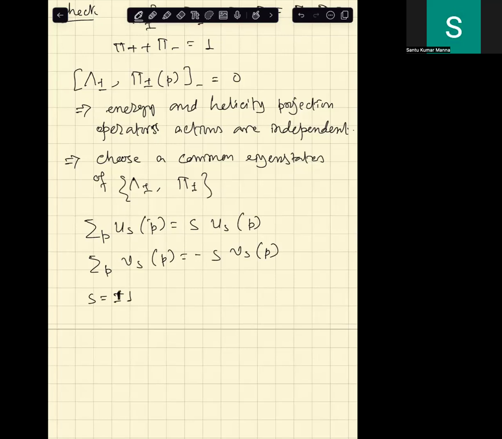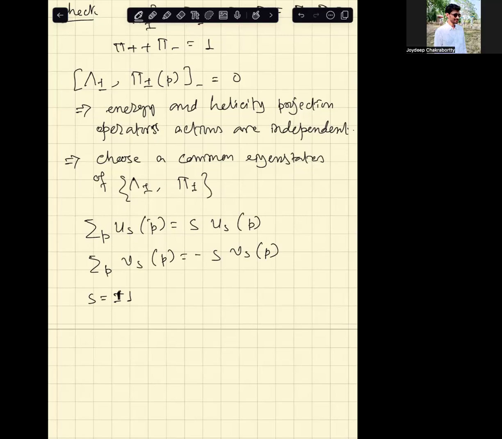Hello, sir. I have a question. Yes, please. Sir, when you define this complete set, a common set of commuting observables, the projection operator is Lorentz invariant, but the helicity operator is not Lorentz invariant. Is there any problem to define this complete set? No, because when you're defining the helicity, that's for the massless case.